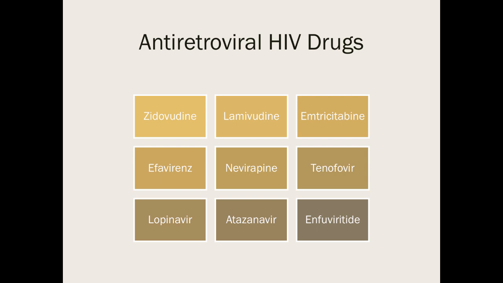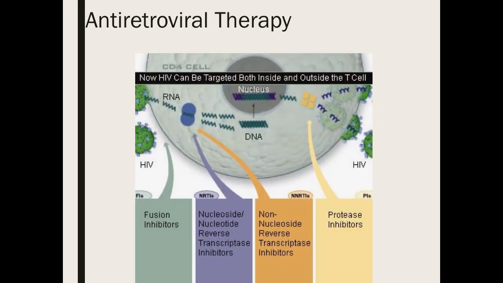Well, they all do different things. They come from different angles. All these angles still go after this HIV, this virus, both inside and outside of the T cell where it lives, right? So we've got fusion inhibitors, we've got transcriptase inhibitors, both going after the nucleotide and the non-nucleotide side.